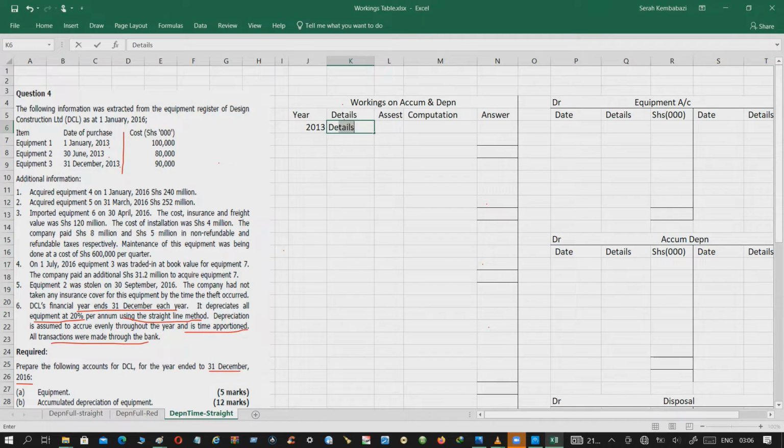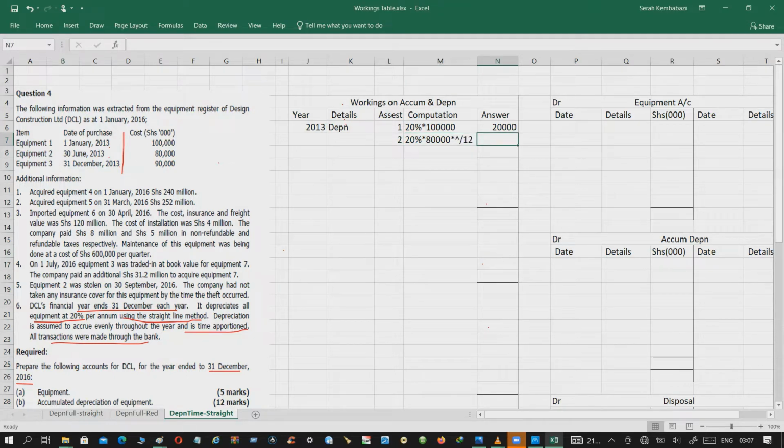2013, we'll merely just compute depreciation because it's the first year, so we'll have no opening balances. For asset 1, we'll get the 20% of the cost, which was 100,000 at the time of purchase, giving us 20,000. Then for asset 2, we'll get 20% of the 80,000, but time was 6 out of 12.